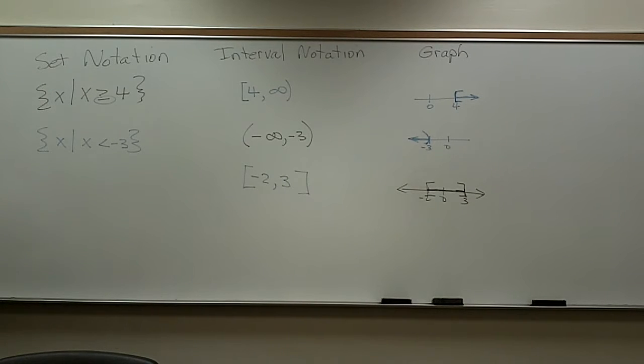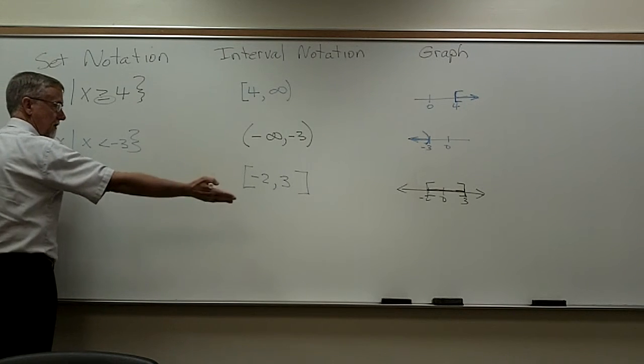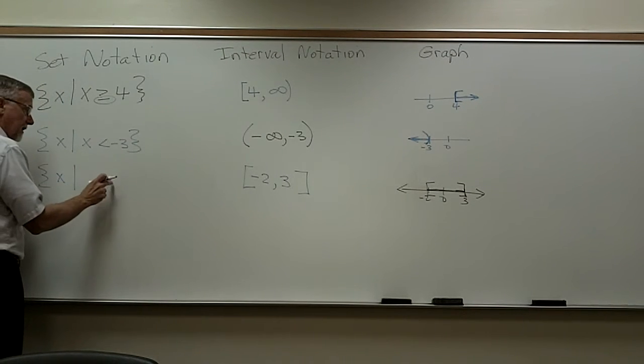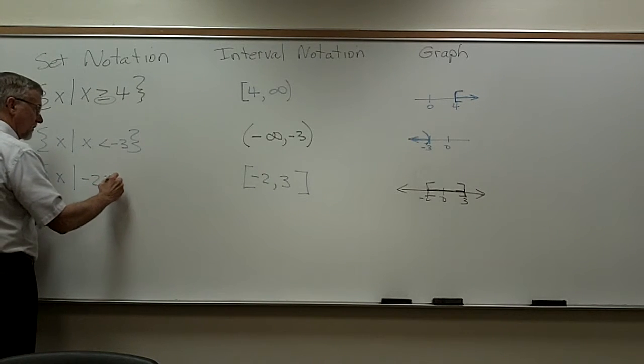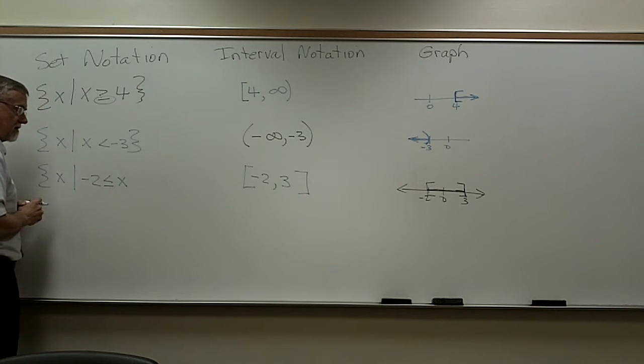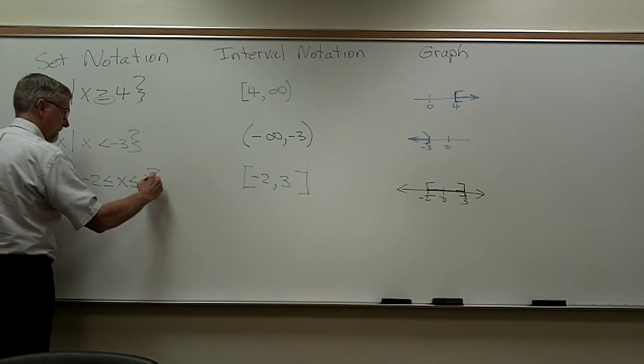And then writing it in set notation requires just a little bit of modification. We'll take all values of x such that, and we have a specific number on the left side of our interval and the right side of our interval, we have to put our x in the middle. So we say -2 is smaller than or equal to whatever our x's are, which will then be smaller than or equal to +3.